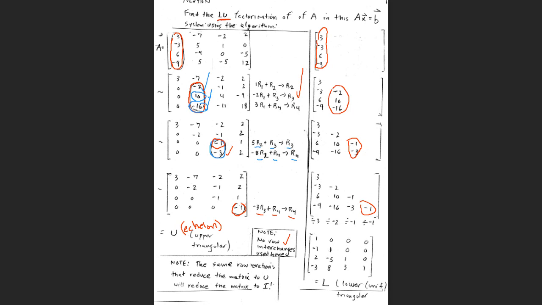Okay, now what I do is this matrix L on the bottom right is a lower unit triangular matrix. That means that we need to have ones along the diagonal. Have to have ones along the diagonal.